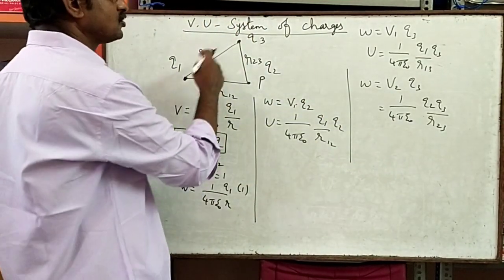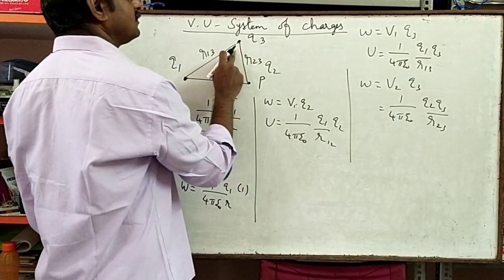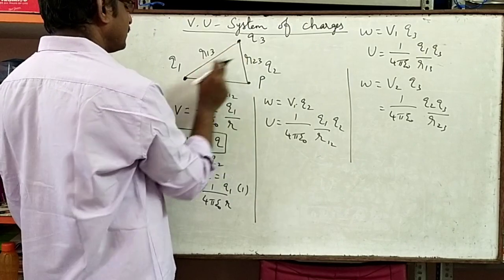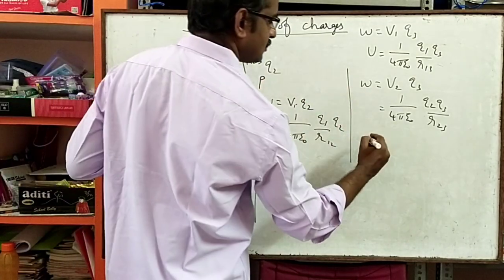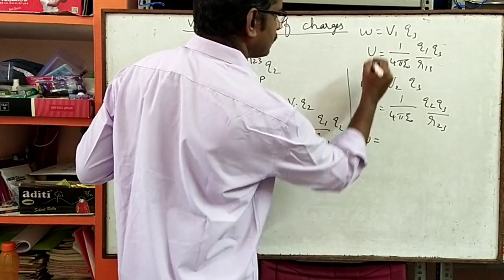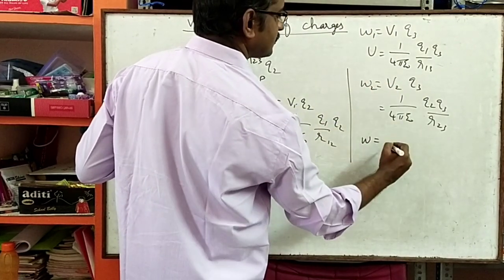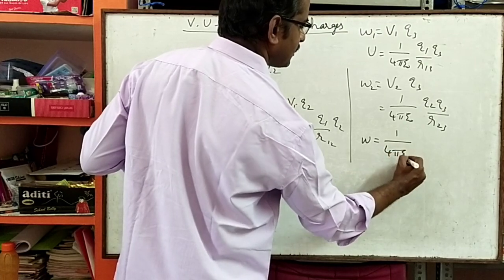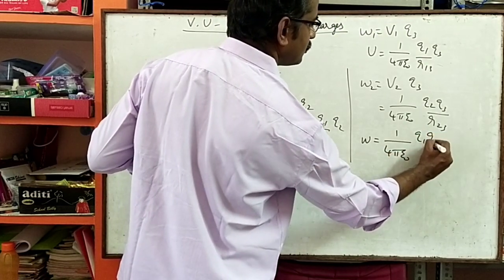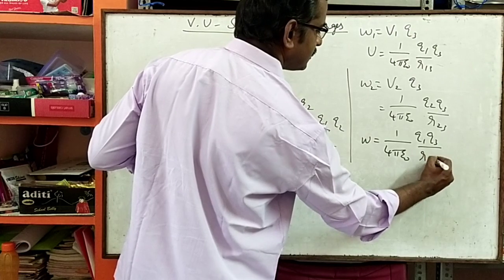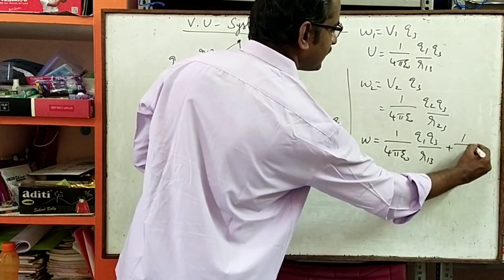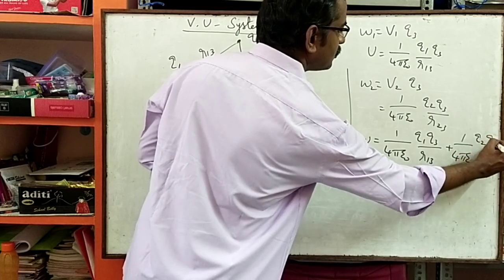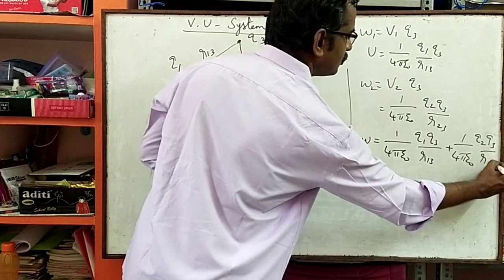Now total work done in bringing the charge Q3 from infinity to the point here when Q1 and Q2 exist: the total work done W is equal to W1 plus W2, that is equal to 1 divided by 4 pi epsilon naught Q1 Q3 by R13 plus 1 divided by 4 pi epsilon naught Q2 Q3 divided by R23.